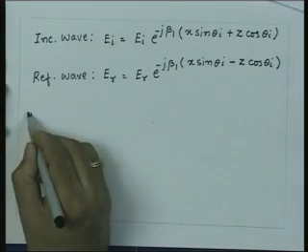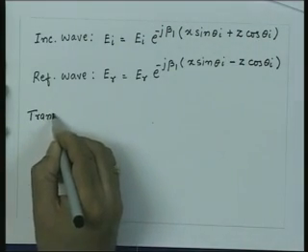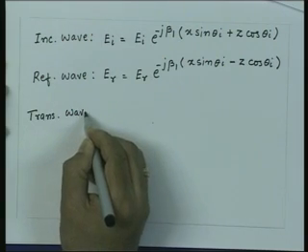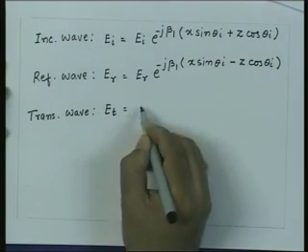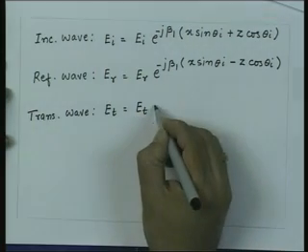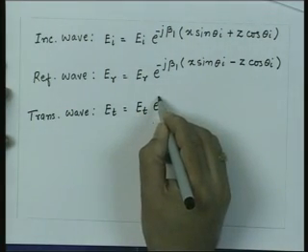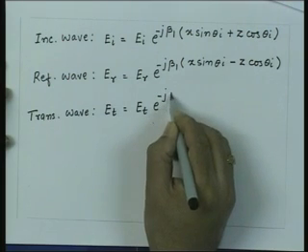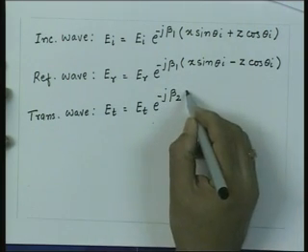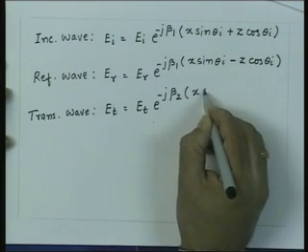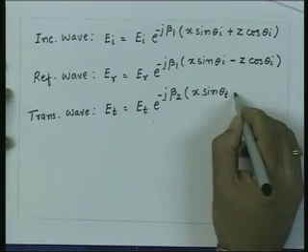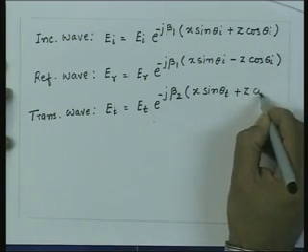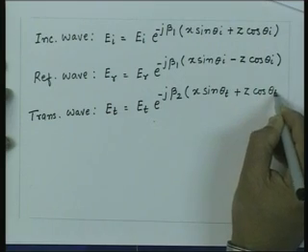and then we have a transmitted wave which is Et, equal to magnitude Et e to the power minus j beta 2 x sin theta t plus z cos theta t.